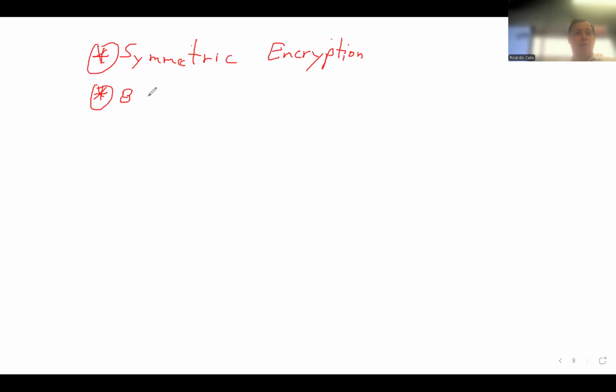So remember, again, this is still symmetric encryption, and this is still block ciphers, and essentially for confidentiality.